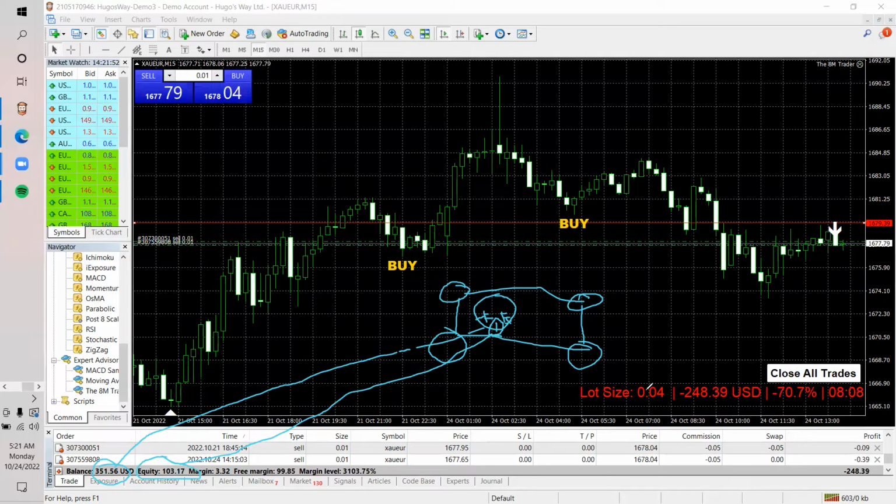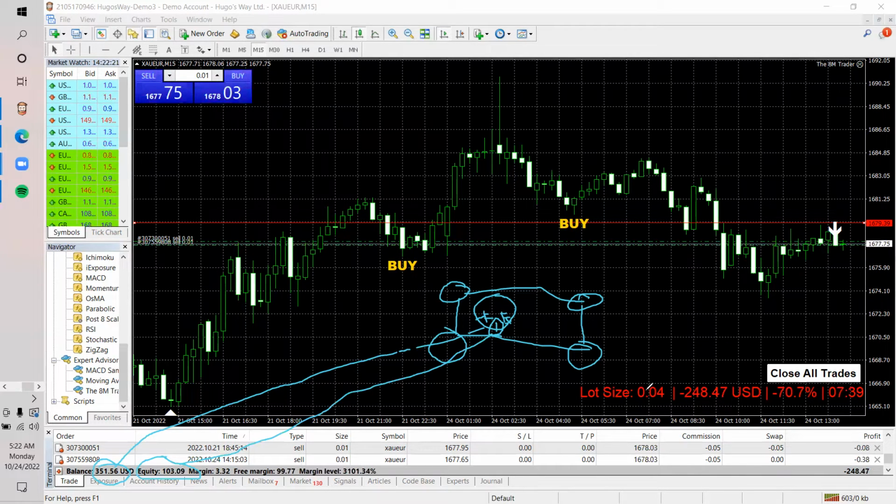The reason I bring up this analogy is that as long as we have equity in the tank, that is our fuel for how we can trade another day. In other words, if you run out of equity, you run out of fuel, and you'll have to go to the gas station in this analogy and refuel your car.